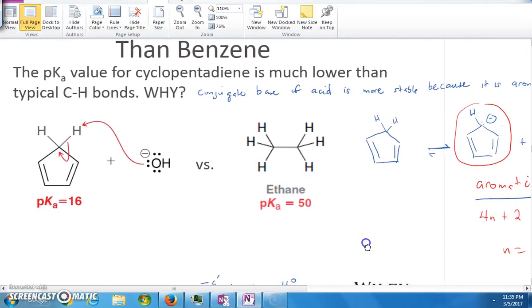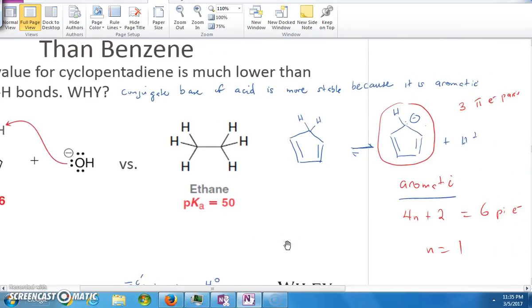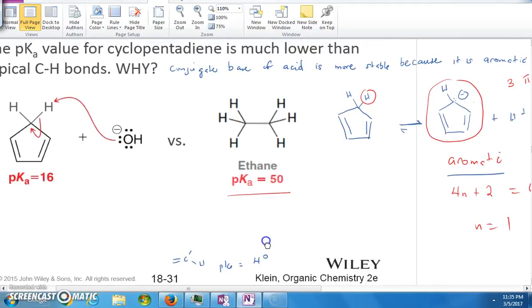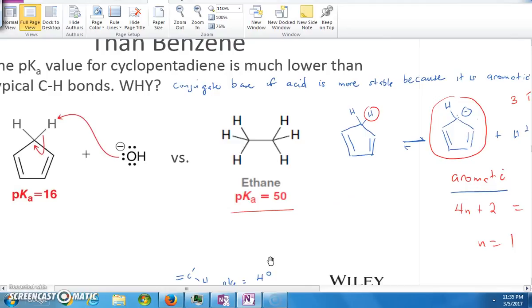That's why, when you're looking at the acidity, this proton is way more acidic than the proton on an alkane. We would expect the proton on the alkane to be pretty similar in acidity to the proton on the cyclopentadiene, but the interesting thing is that this is way more acidic.